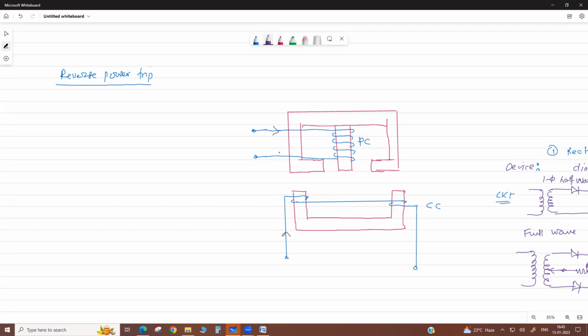When current passes through this coil there is a magnetic flux, upward in the core, due to this pressure coil. Let it be phi1. Due to this current, another flux is produced.